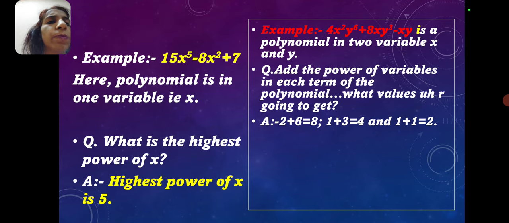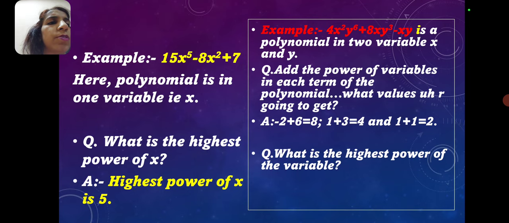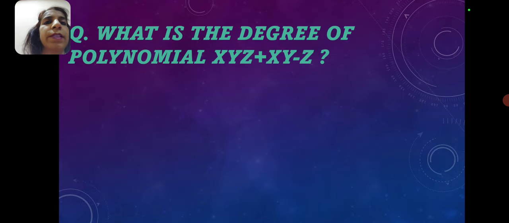So first 2 plus 6 is 8, then 1 plus 3 is 4, then 1 plus 1 is 2. So what is the highest power of the variable? Highest power of the variable is nothing but 8. Okay, in this way you can solve many of the examples.